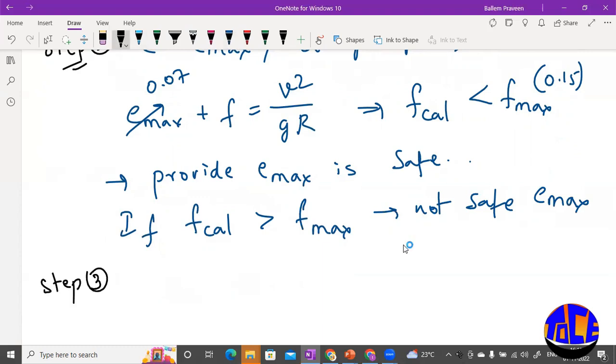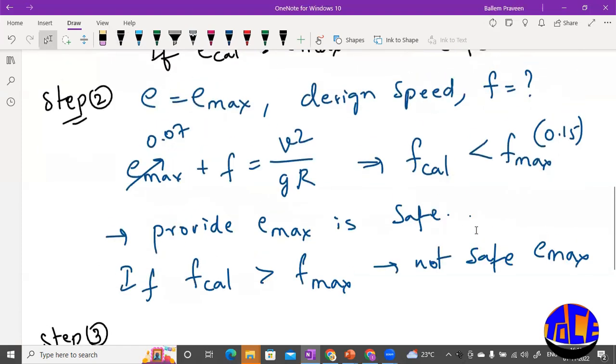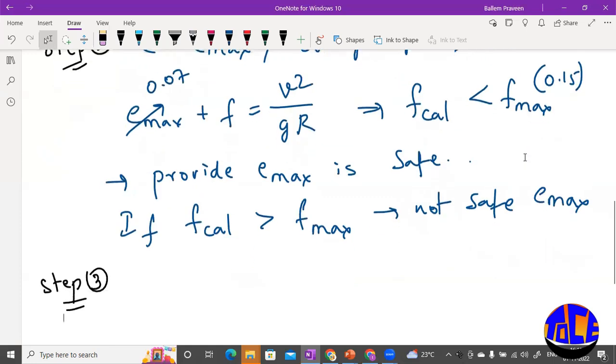In step 3, since even after providing the maximum values the condition is not being satisfied, and even the lateral friction is not satisfied, what we have to do is reduce the speed.